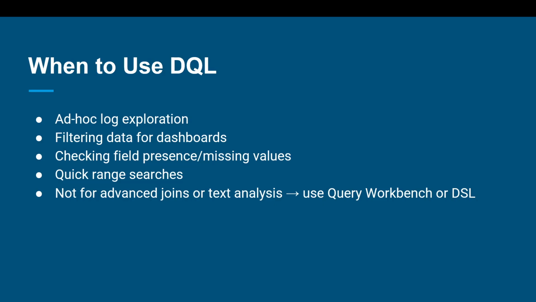But there are times when we have to do advanced searching and advanced coding. There comes another language, which is DSL or SQL, and we are using the Query Workbench tool, which is again part of the OpenSearch Dashboards tool. We are going to use that.